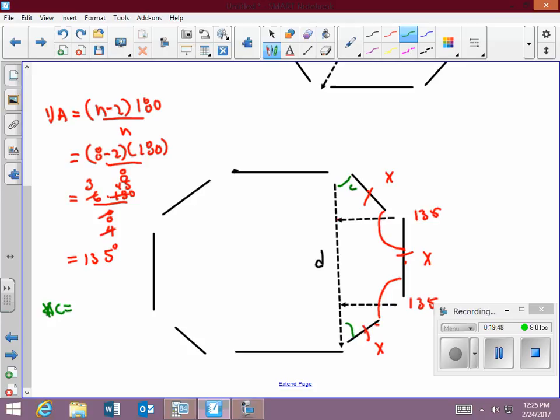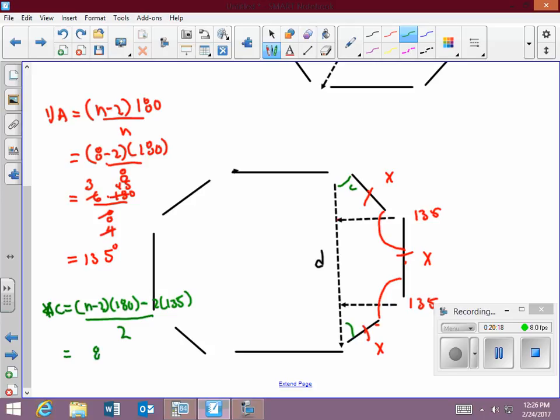So it's n minus 2 times 180 minus 2 times 135, all over 2. N minus 2 times 180 is the sum of all the angles. You subtract 2 135s out and divide by 2.